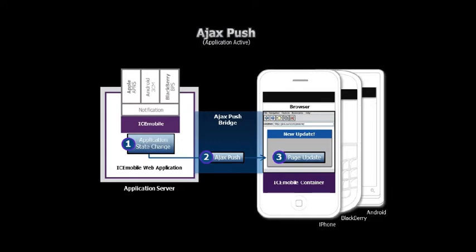Another thing to note is that Ajax Push doesn't resort to techniques such as polling, and it doesn't rely on other techniques that aren't cross-browser or cross-platform compliant, such as WebSockets.